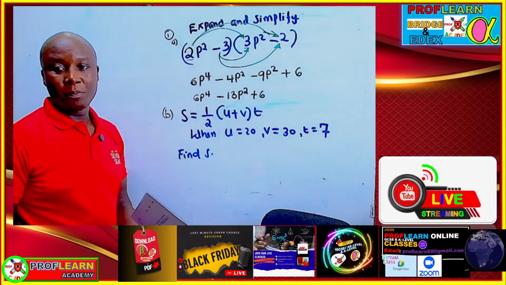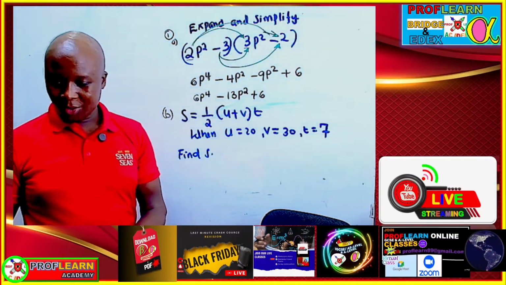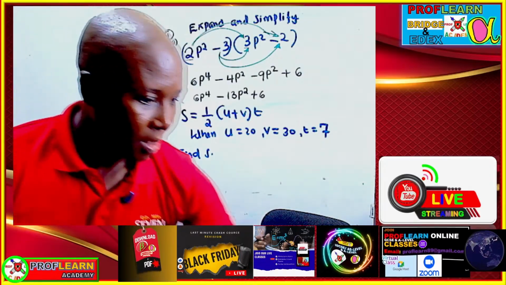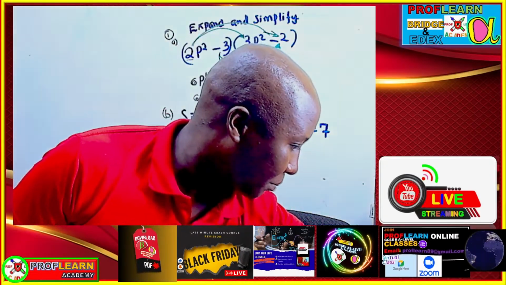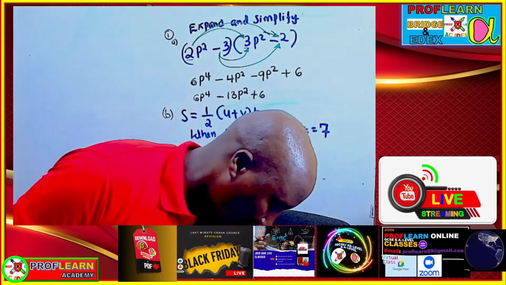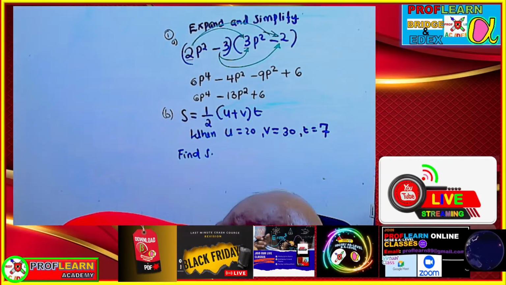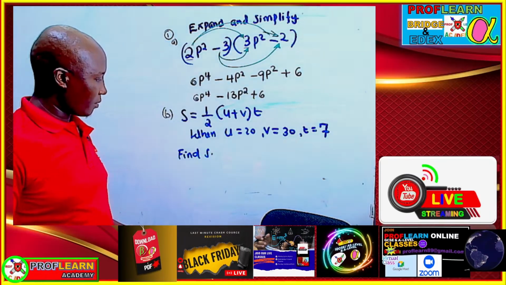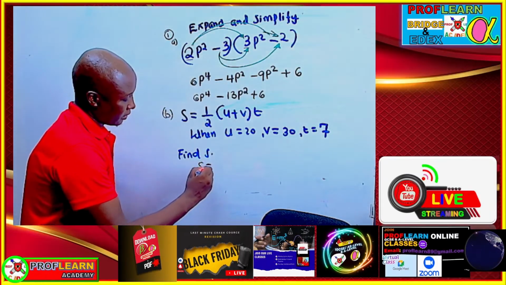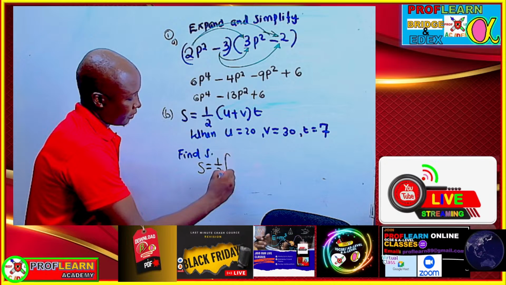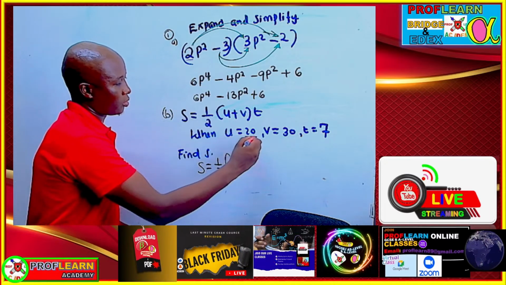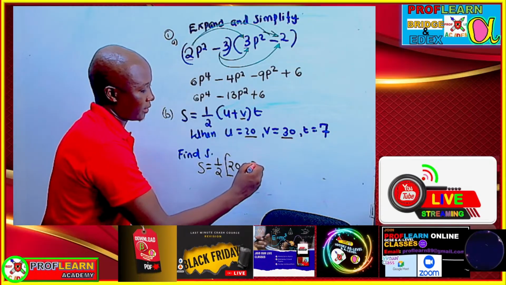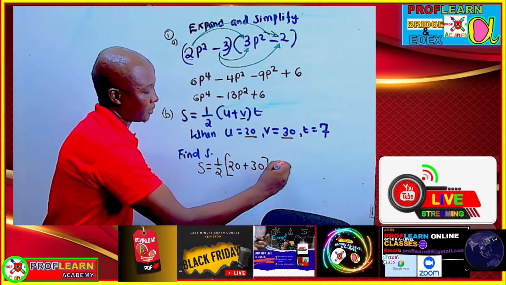Whenever you are given a question like this, what you need to do is correct substitution. So S is going to be a half into bracket, where you have u you write 20, plus where you have v you write 30, then times 7.